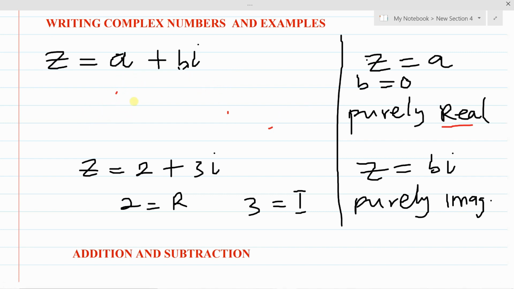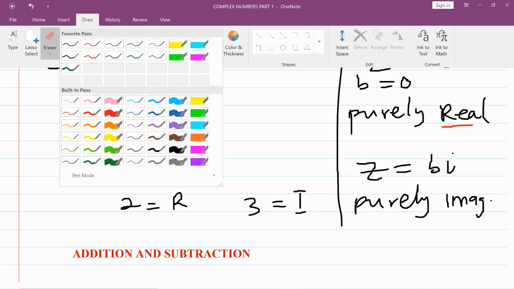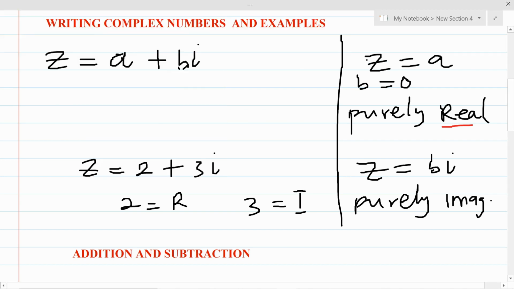Every real number, like we know from the real number system, can be written as, say, 2. So if I have 2, it means that this 2 as a number is a complex number where the imaginary part is what? 0. I hope you get it.